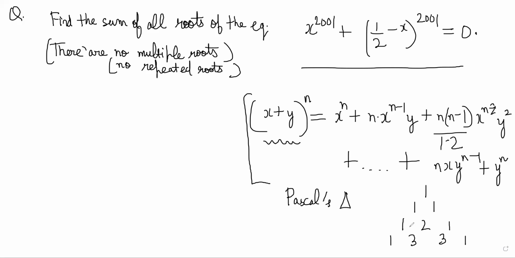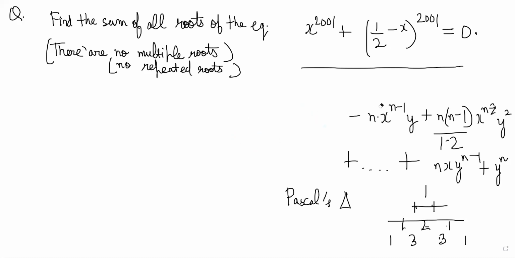Basically each succeeding term is the sum of previous top two terms. So 1 plus 2 is 3, 2 plus 1 is 3, 1 plus 1 is 2, and so on. These give you coefficients in the x plus y power n equation. So find out about binomial theorem if you don't know, but in this problem you will have to use it.